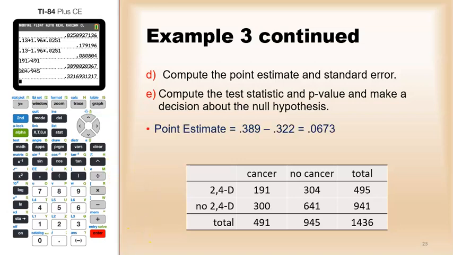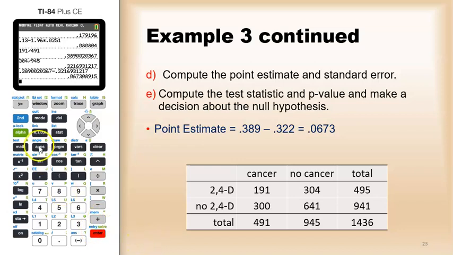So the point estimate would have been the difference of those proportions, 0.389 minus 0.322, which comes out to be about 0.0673. So if I take the first one and subtract off the second proportion, I get a difference of 0.0673.